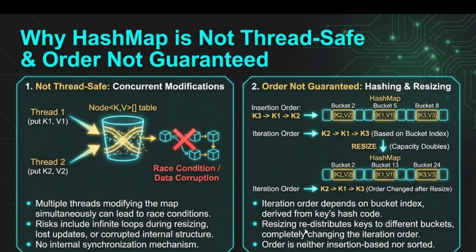So why is HashMap not thread safe? If you see here, one node will be created and thread 1 and thread 2 try to operate on the same node. So what will happen? Race conditions and data corruption. Suppose consider a HashMap where T1 is trying to add data and T2 is trying to remove data.